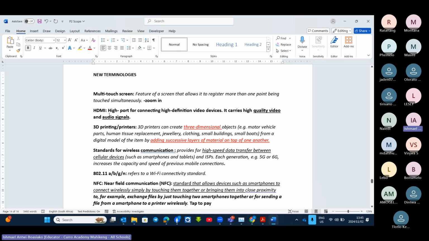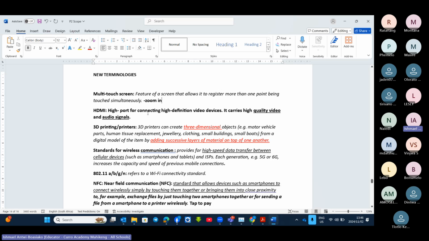Right. And then HDMI, which is high definition multimedia interface, which normally carries both video and audio signals. In most cases, they will ask you the advantages of HDMI over VGA. So the HDMI provides both video and audio signals, whereby the VGA only gives the visual signal.